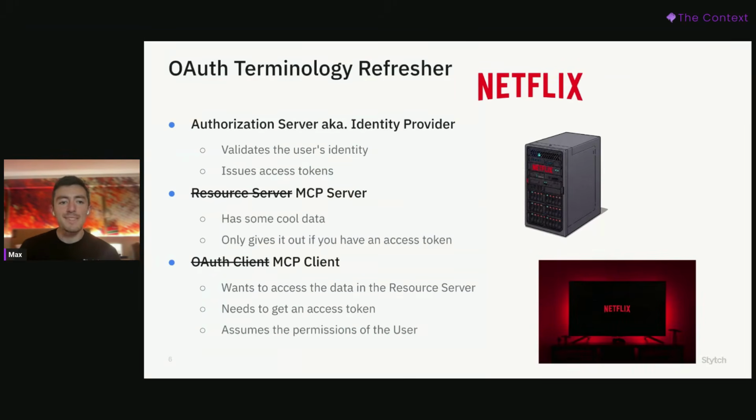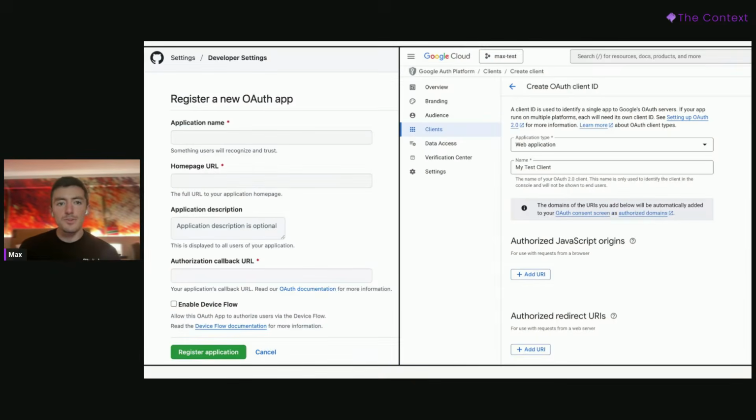Now, mapping this into the MCP ecosystem, resource servers are MCP servers, and OAuth clients are MCP clients. Now, in traditional OAuth, developers know in advance who they're going to be integrating with. So if I'm a developer and I want to call the GitHub API, I can go to GitHub and register for a client ID, a way to identify the client that I want to use to access user data.